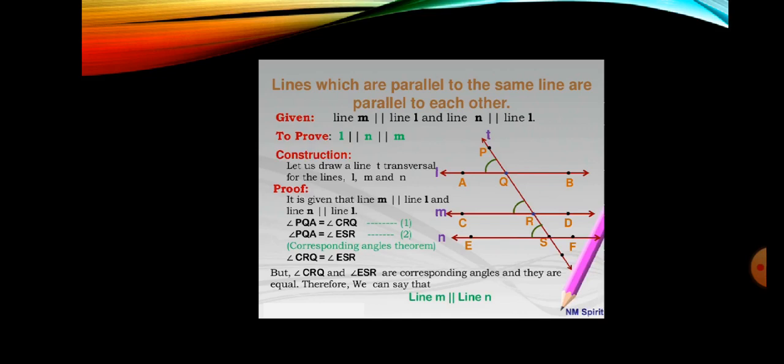Now, from the first and second equations, we get angle CRQ is equal to angle ESR. So angle CRQ and ESR are corresponding angles and they are equal. Therefore, we can say that line M is parallel to line N.